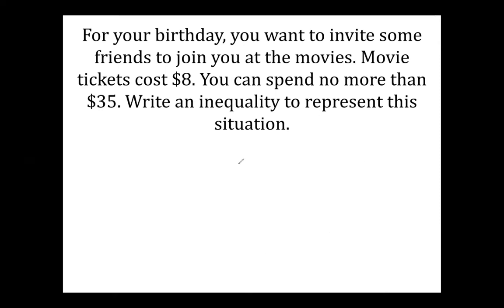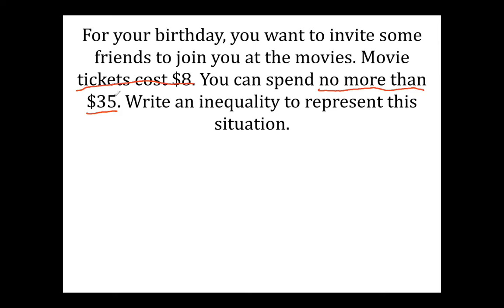So first, go ahead and identify what you're going to be writing. So movie tickets cost $8 each. And then you can spend no more than, this is going to be your inequality symbol, no more than $35. We're going to write our inequality now.